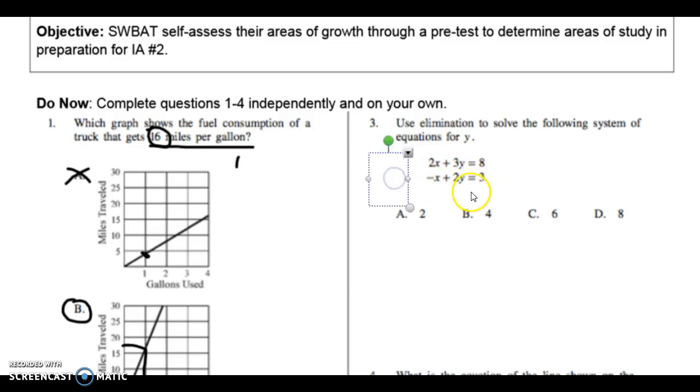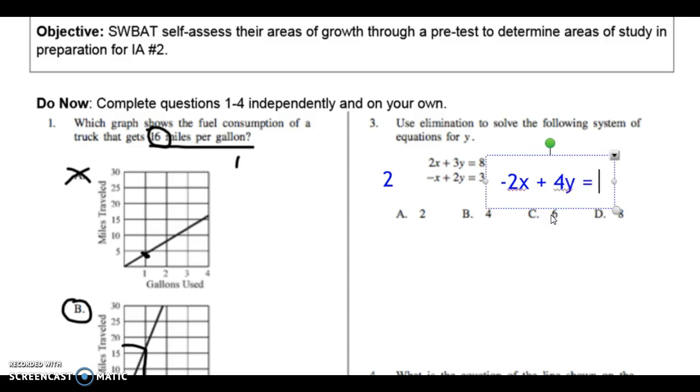If I multiply this second equation by 2, I'm going to get negative 2x plus 4y, because I'm multiplying everything by 2, equals, multiplying this side by 2 as well, which gives us 6. The equation above it, I'm going to keep the same: 2x plus 3y equals 8.